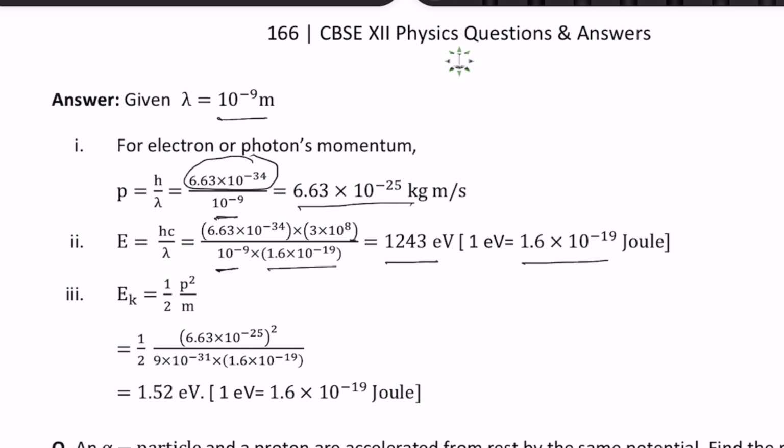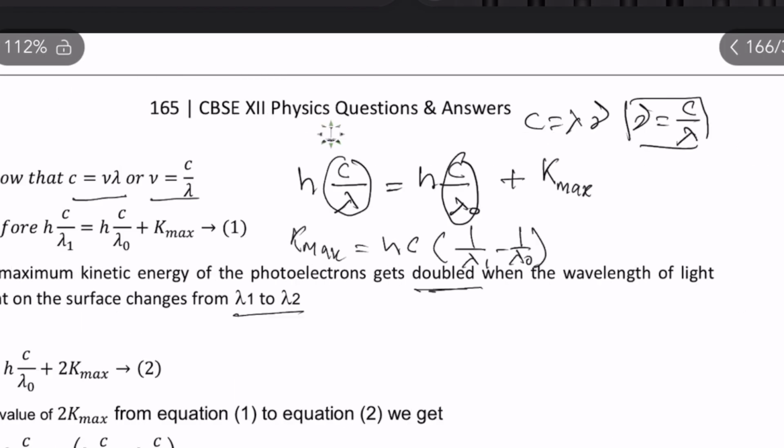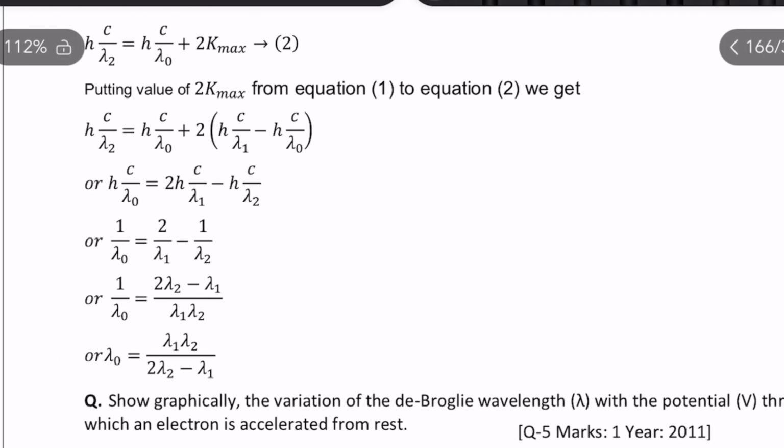In the last question we explained that energy is equal to p square by 2m, where p is momentum. The third part of this question is the kinetic energy of the electron.